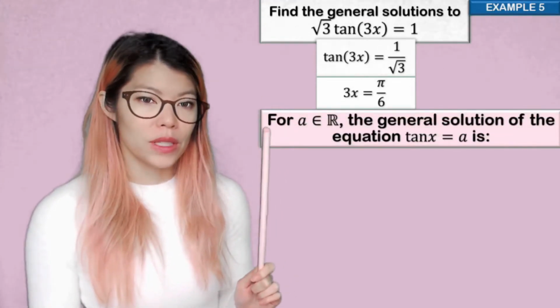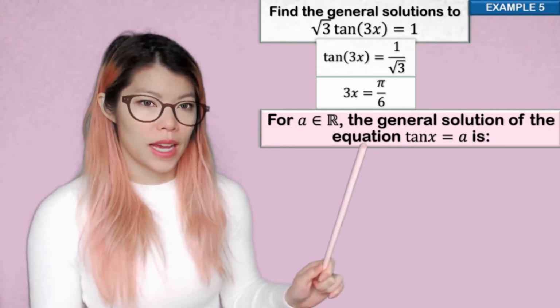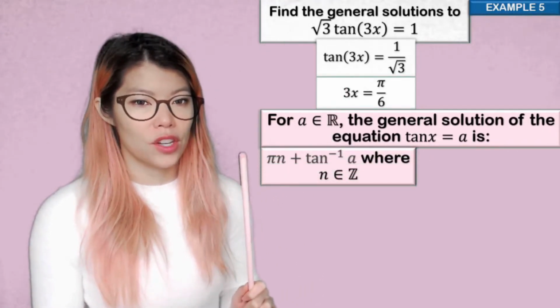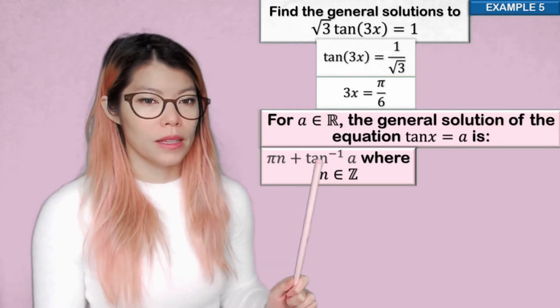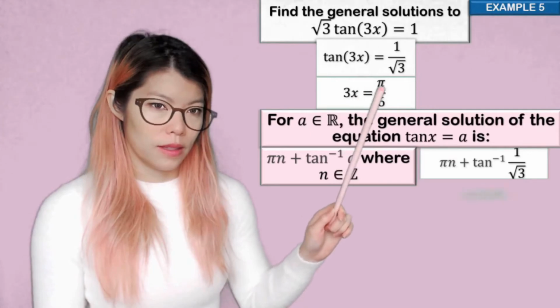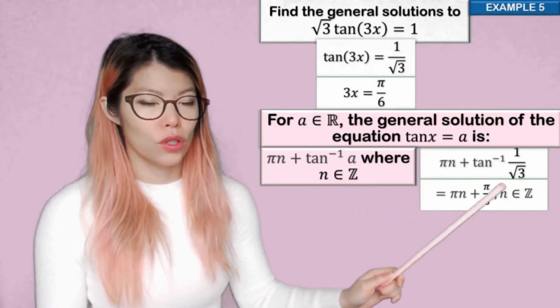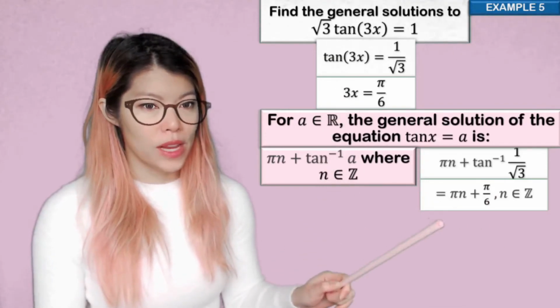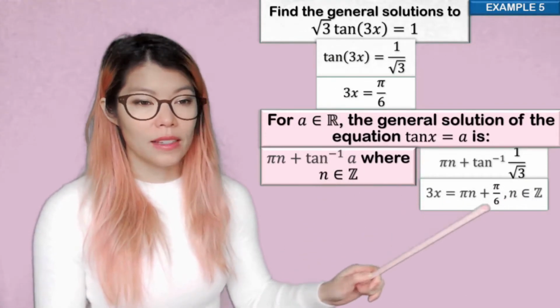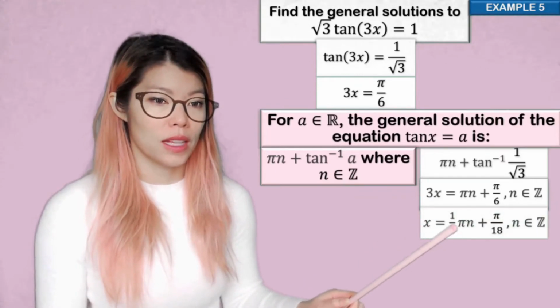So you should have memorized your 1, 2, root 3 triangle by now. From the previous page, we saw that for tan x equals a, or in our case 3x, the general solution is pi n plus tan inverse a. So our tan inverse of 1 over root 3 is pi on 6, so our general solution should be that. But we have 3x, so 3x equals that. So what is x equal to? We have to divide both sides by 3.